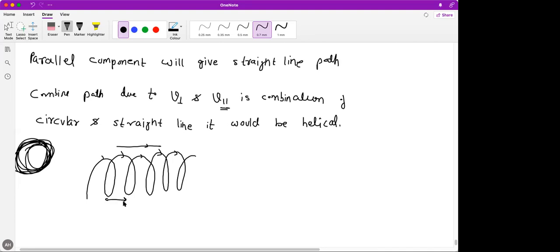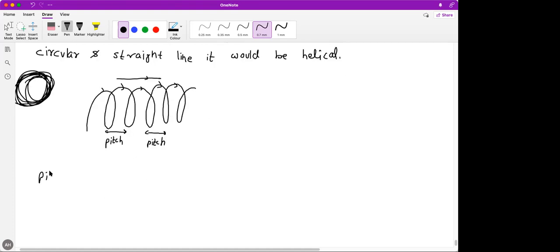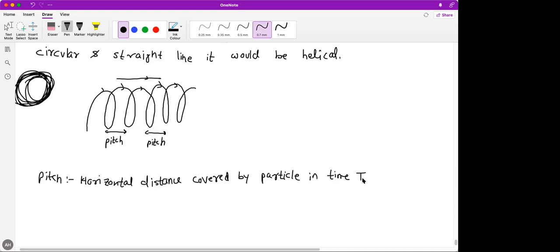Now, this separation between two circular turns is known as pitch. So what is pitch? It's the horizontal distance covered by the particle in time T naught.